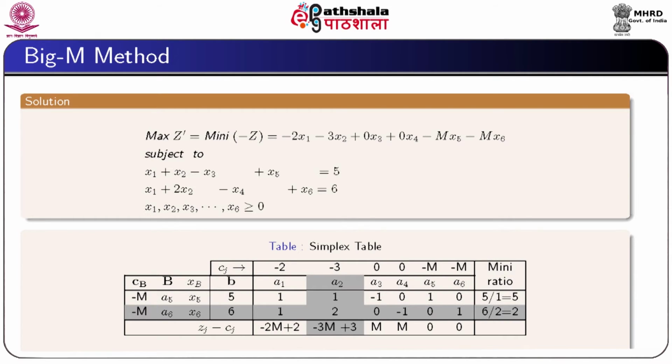When we put this problem in the simplex table, we see that A5 and A6 form the basis, and Z2 minus C2 is the most negative quantity. Therefore, A2 will be the entering vector, and from the minimum ratio A6 will be the outgoing vector.